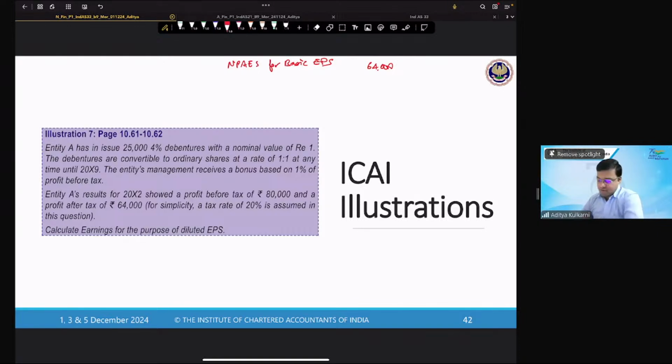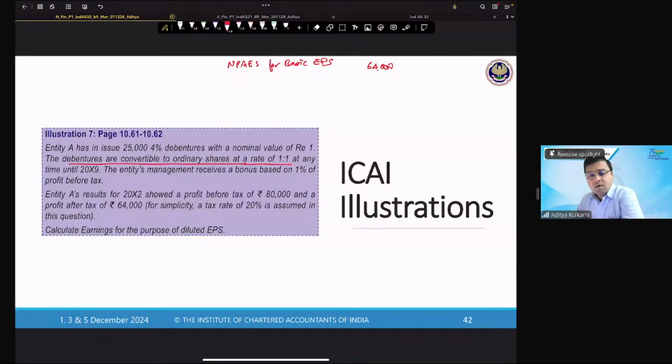Now, are there potential ordinary shares in the capital structure? Yes, sir. Convertible to ordinary shares at the rate of 1:1. Okay. Now, if in the future I convert my debentures into shares, what is the impact on profitability?